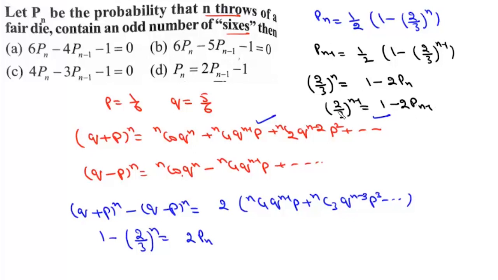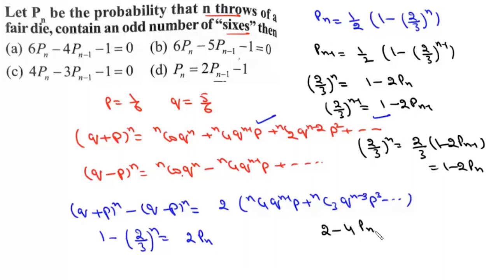Now we multiply by 2 by 3 in the second, so we can write (2 by 3) to the power n as 2 by 3 into (1 minus 2Pn minus 1), which is equal to 1 minus 2Pn. Now if we cross multiply, we can write 2 minus 4Pn minus 1 will be equal to 3 minus 6Pn, or we can write 6Pn minus 4Pn minus 1 minus 1 equals 0. And that's your option A.